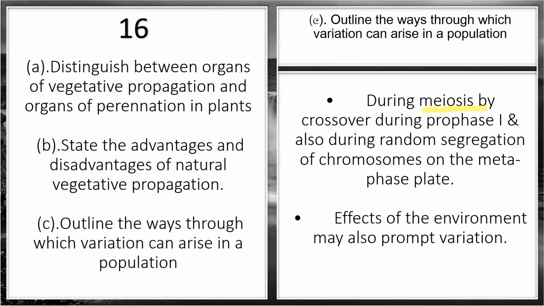During meiosis, by crossing over during prophase 1, and also during random segregation of chromosomes on the metaphase plate. It can be caused by the effect of environment, which may also prompt variation.